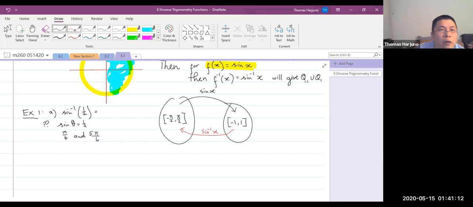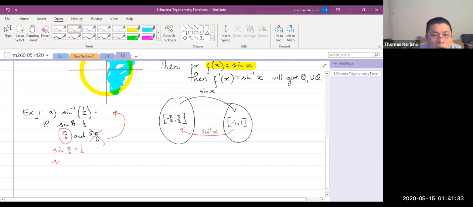Now, however, only this one is in that restricted domain, restricted interval, not this one. You see? Sine pi over 6 is 1/2, and sine 5 pi over 6 is also 1/2, but 5 pi over 6 is not in the interval of negative pi over 2 to pi over 2.